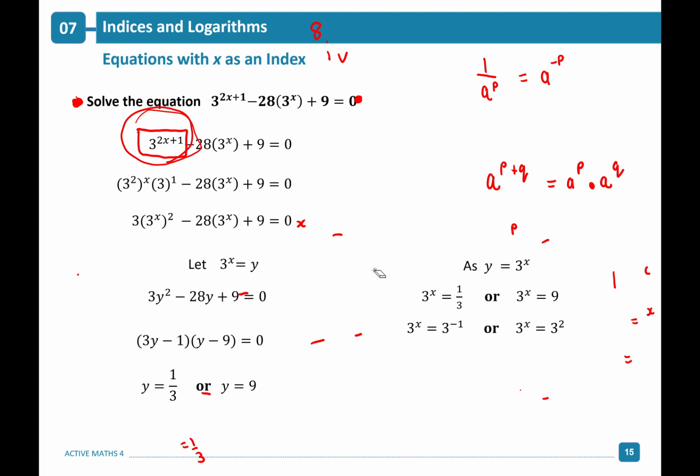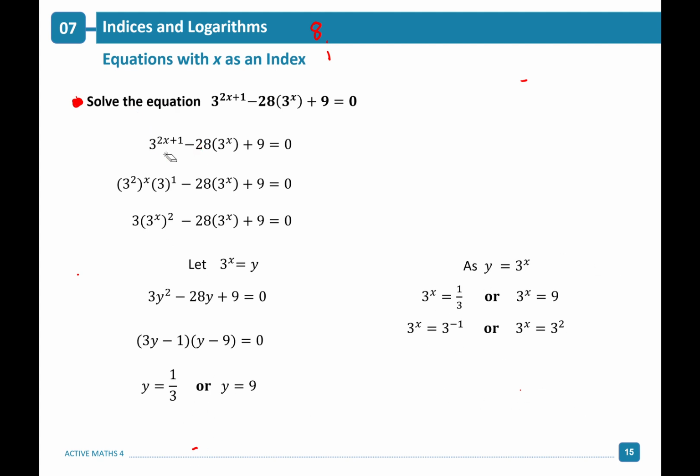Okay, I'm going to do one more of these. We're going to do question 8, part 3. Are we ready? Okay, so I've had one person tell me they're ready, so I'm going to assume you guys are the same, unless you tell me otherwise. This is coming off the board.